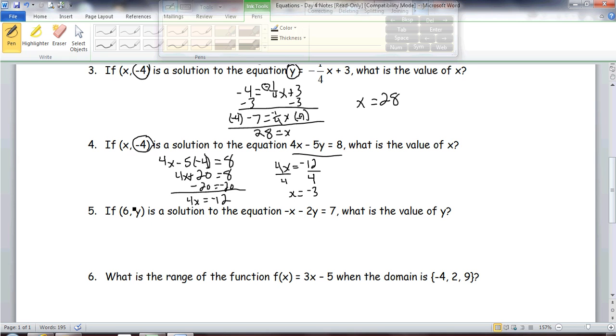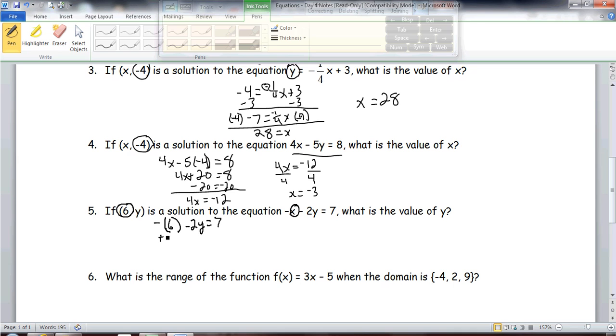All right, number 5. We're given the x is 6. So I'm going to put that in place of this x. Notice I did not circle that negative sign because that negative needs to stay there. So I have negative 6 minus 2y equals 7.